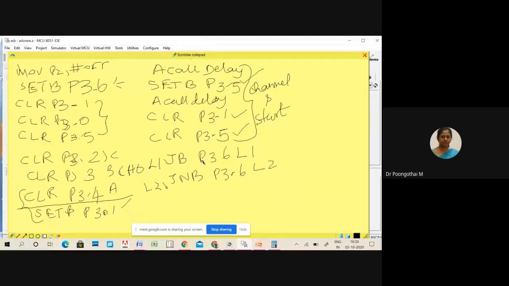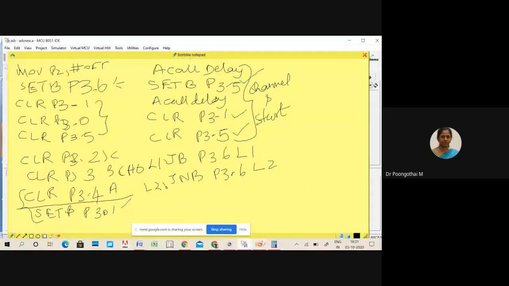If end of conversion is 0, it will execute the next instruction. Again, it will monitor whether the end of conversion signal is 0 or 1. If end of conversion is 0, this instruction will be executed again. Otherwise, it will execute the next instruction. Is that clear?